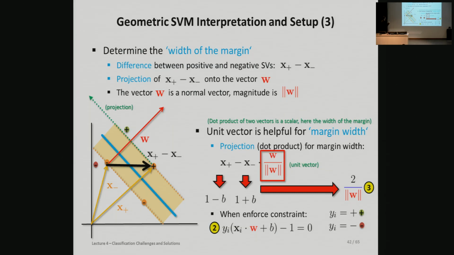So this is a helpful quantity if we put it here. And when we now use again the projection capability, and the statement that the support vectors are on the corner or at the edges of the margin, we can just use one negative example and one positive example of a 2-class problem.